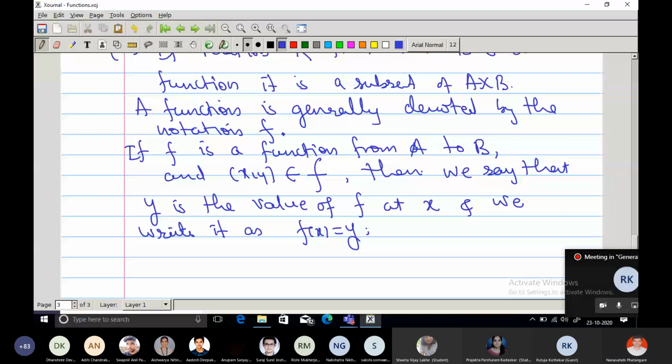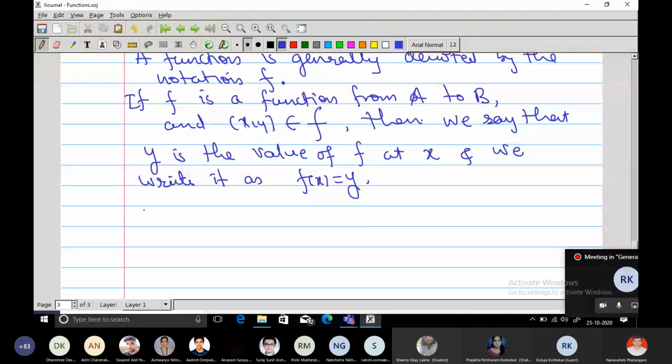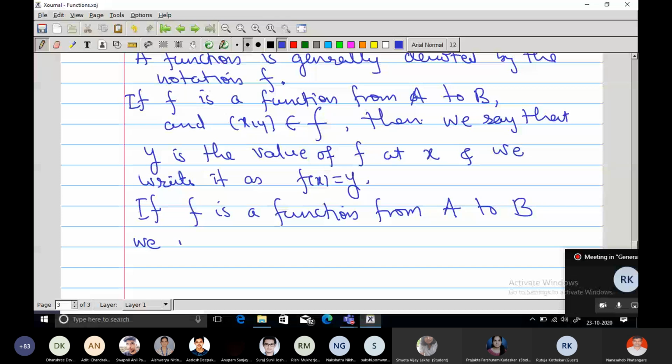So if f is a function from A to B, we write it as f: A → B. Henceforth we'll use this kind of notation.